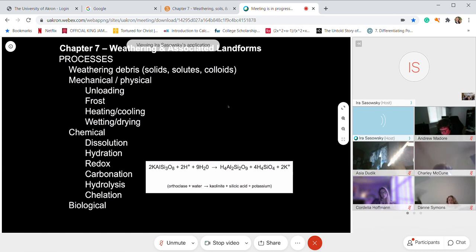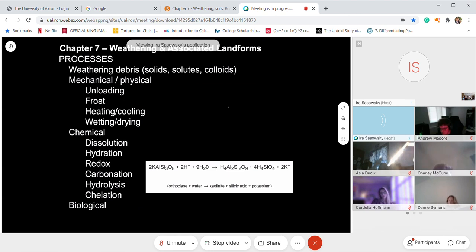And those can react with silicate rocks, silicate minerals, either in rocks or in soils, and it involves a swap of the metal ion and the silicate minerals. And that's illustrated on the right here, which is an extremely important weathering mechanism. And you should know this chemical equation.